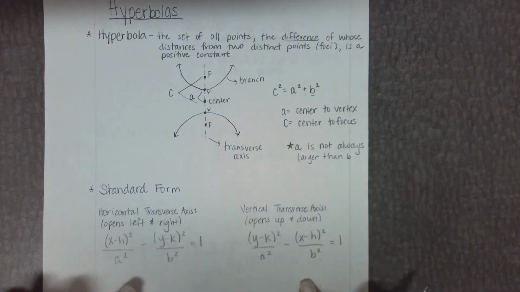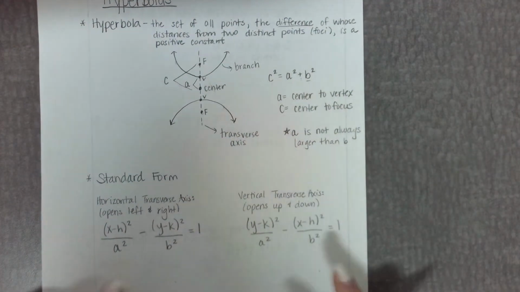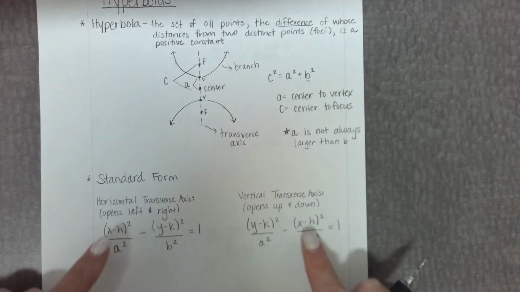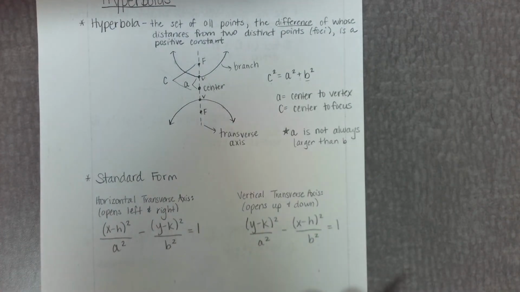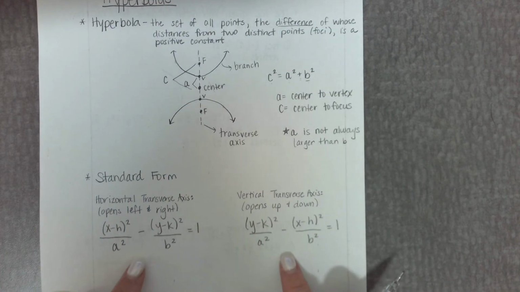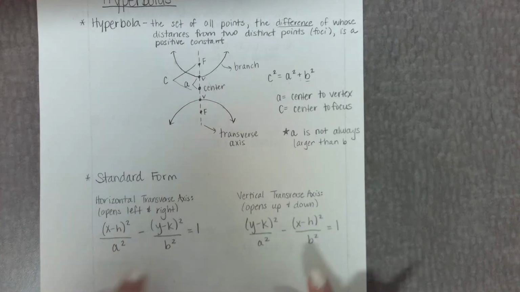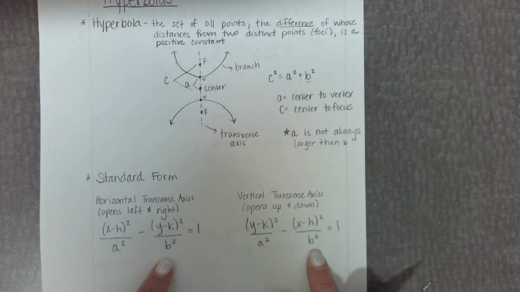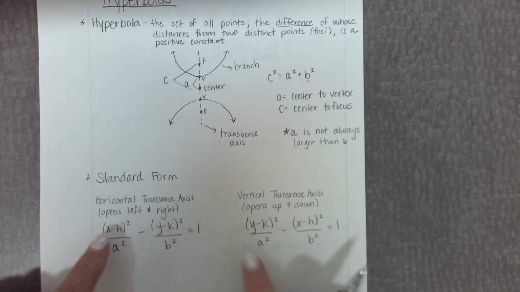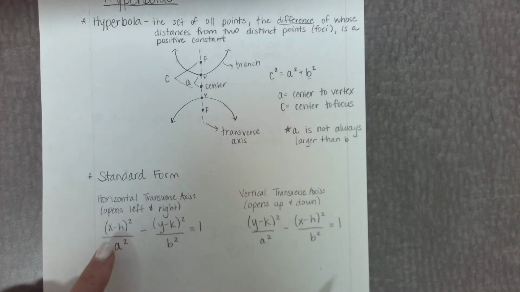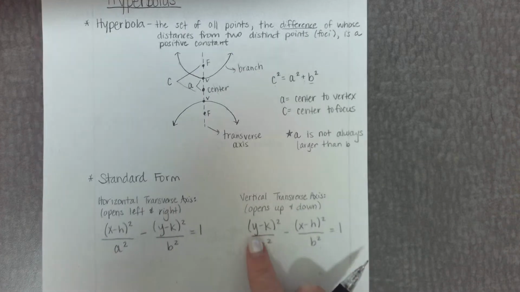So these equations are a little bit similar to an ellipse. They equal 1. You have your x minus h and your y minus k's. You've got your a squareds and your b squareds. The thing that's different is your a squared is always first. Your b squared is always second. Those don't move. Instead, what moves is your x and your y. So when it's a horizontal transverse axis, your x comes first. When it's vertical, your y comes first.